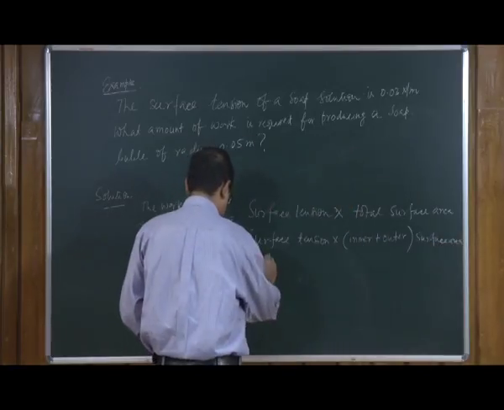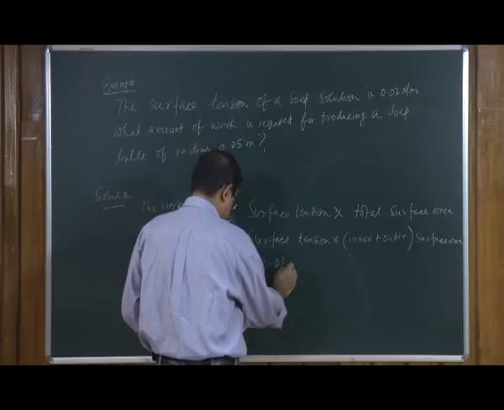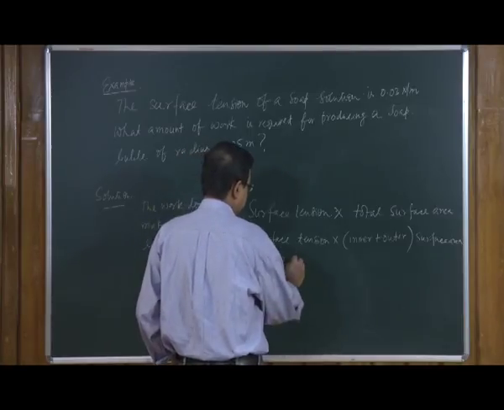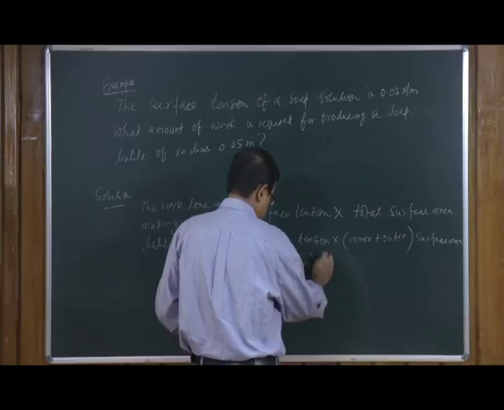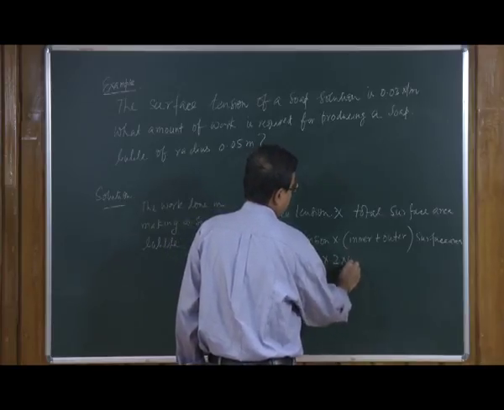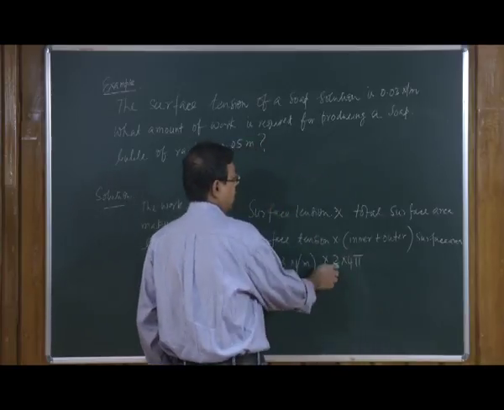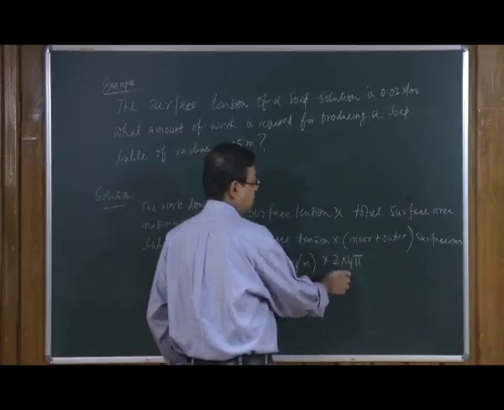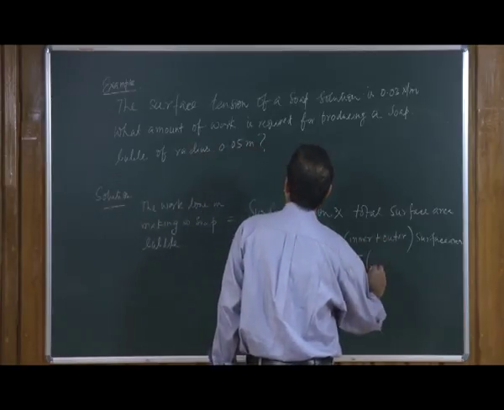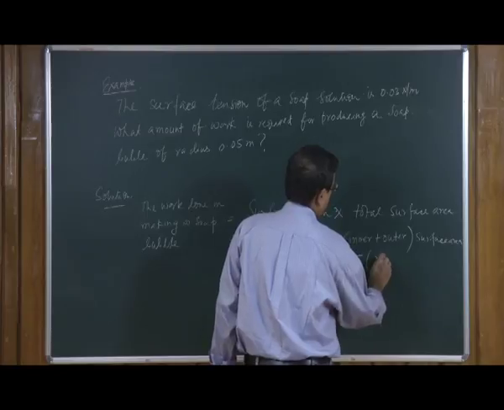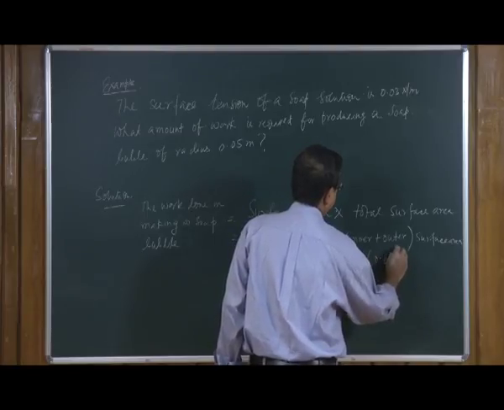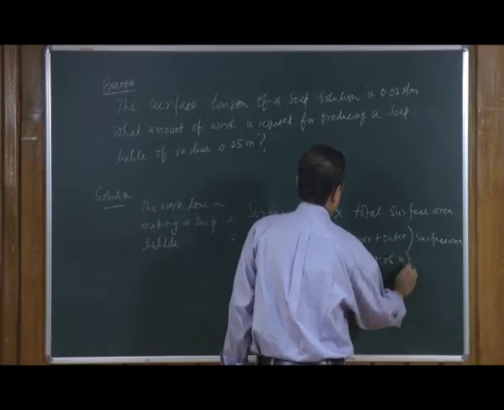is equal to 0.03 Newton per meter into twice, and a 4 pi, twice because inner plus outer, and this will be 4 pi r square, which is equal to 0.05 meters squared.